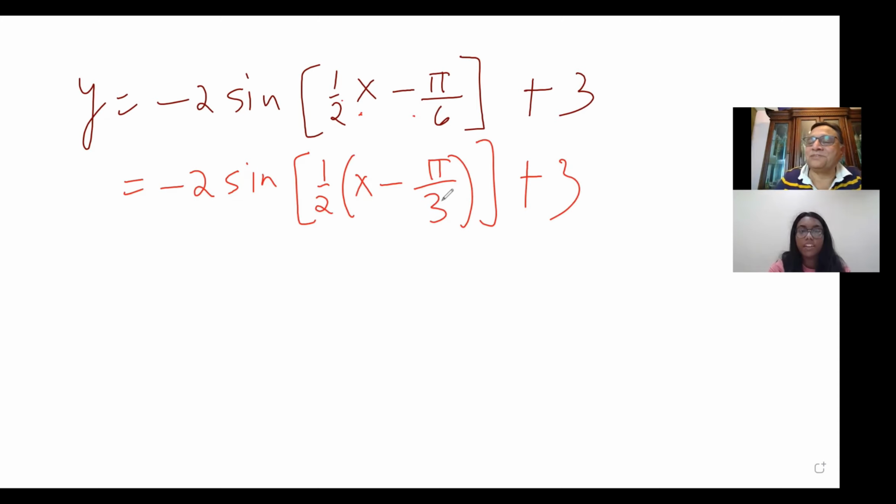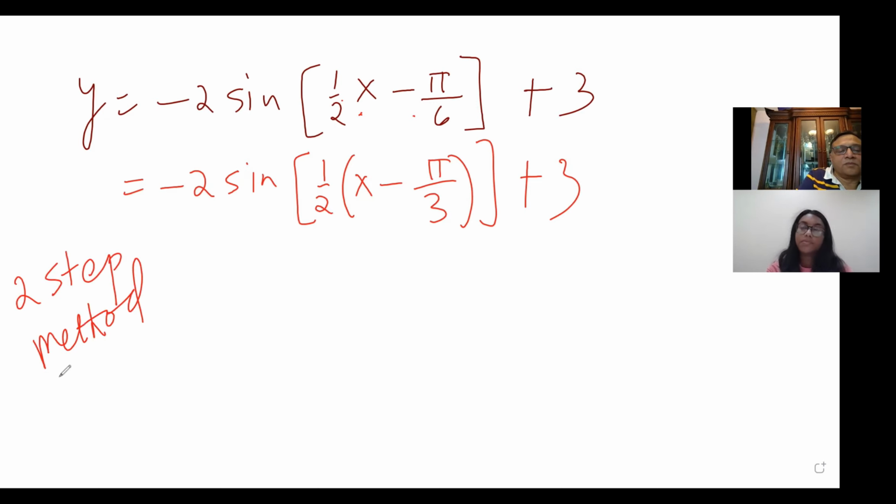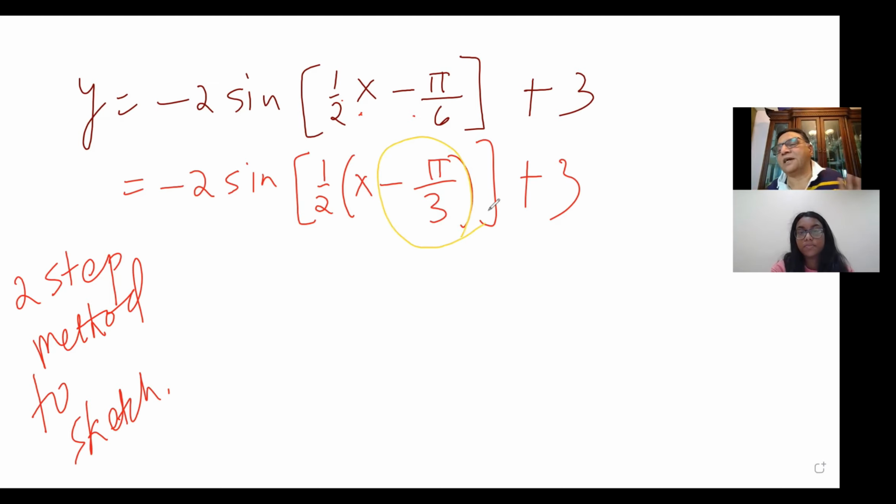You understand this process? Now I will show you a two-step method to sketch the graph. Very important. How am I going to do it? In the first step, I will do everything except for this part, the phase shift. I will do the phase shift in the second part.